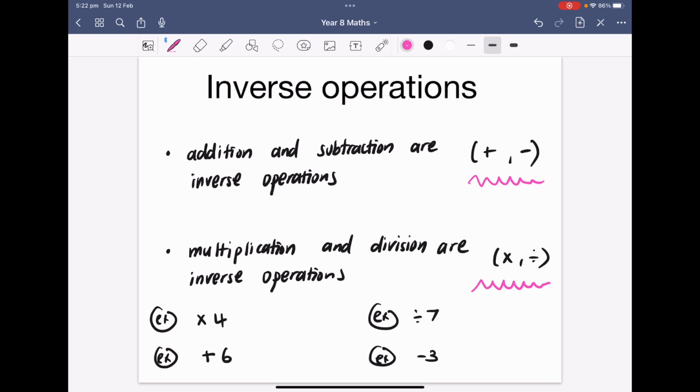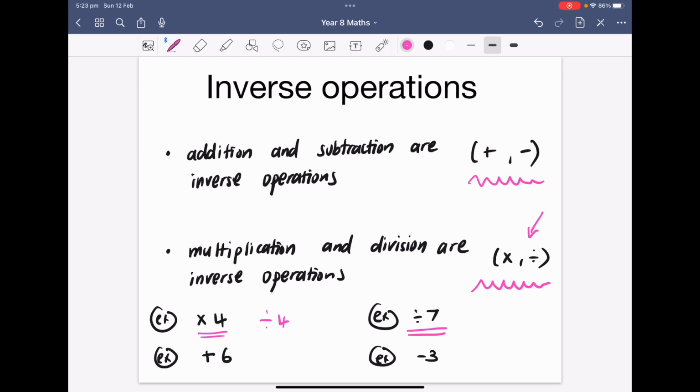First, what is the inverse of times 4? Because multiplication and division are inverse operations, the inverse of times 4 would be divide by 4. What would be the inverse of divide by 7?